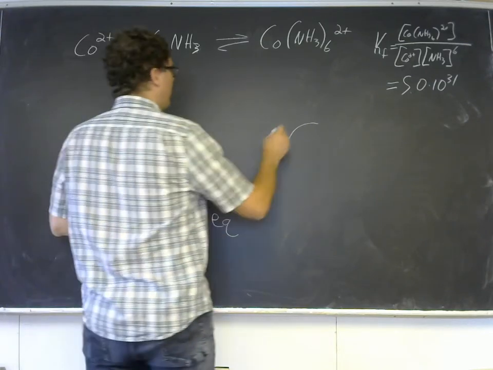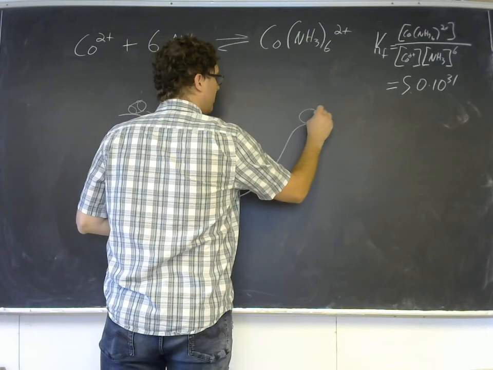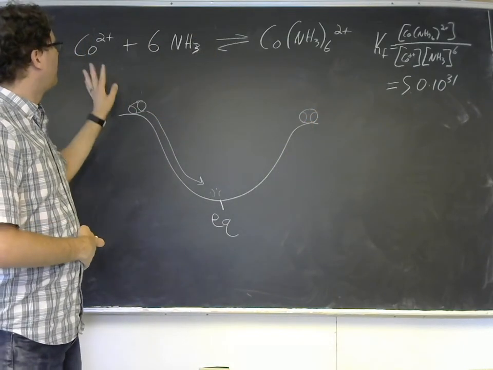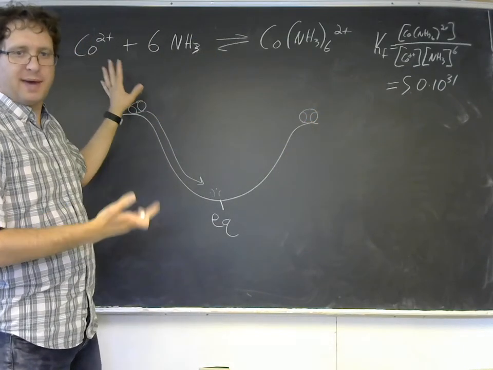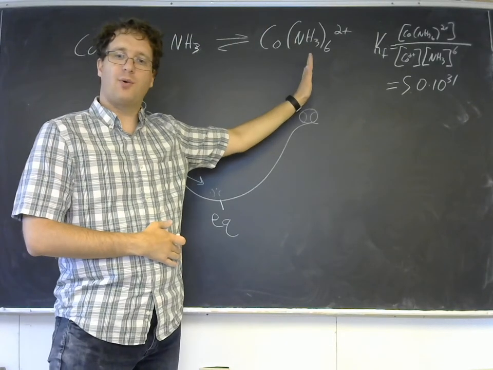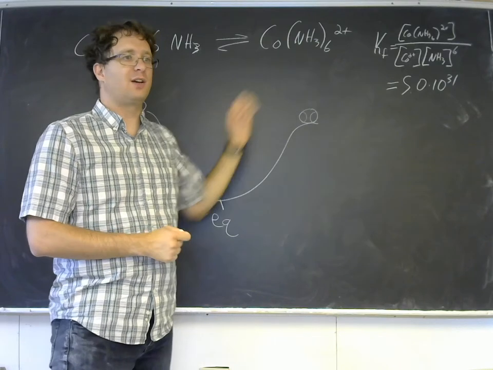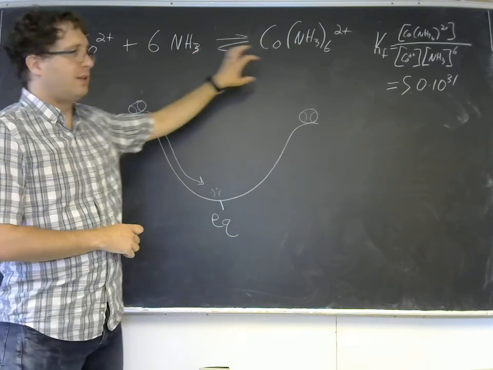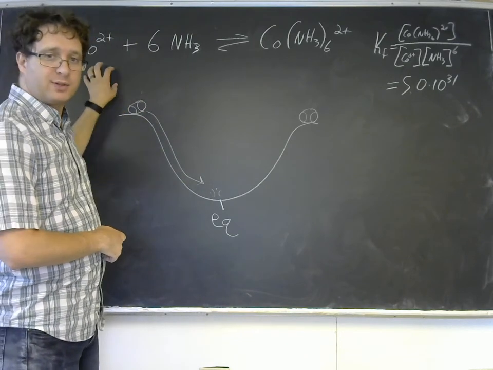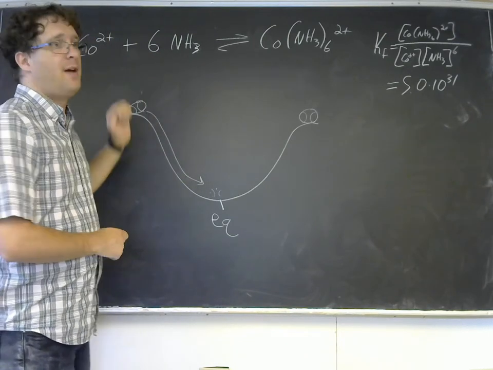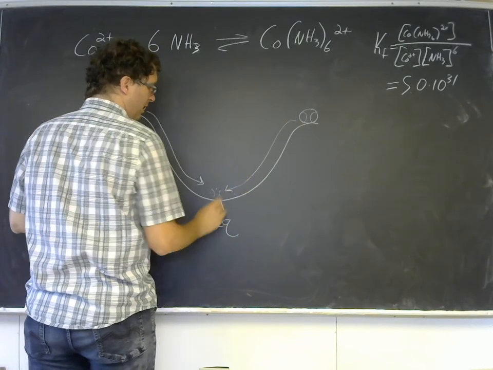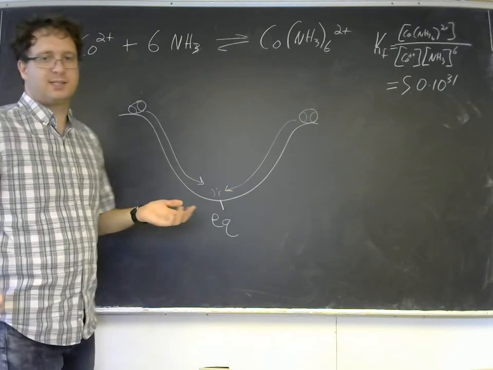Well, if I have the ball starting on this side instead, in other words, if I, with mathematical consistency, sort of force the reaction to go all the way toward products, as far as it can go, so that I have a lot of my complex and then 0 amount of my limiting reactant, and then I allow the ball to roll back this way, it's going to end up in the same position.